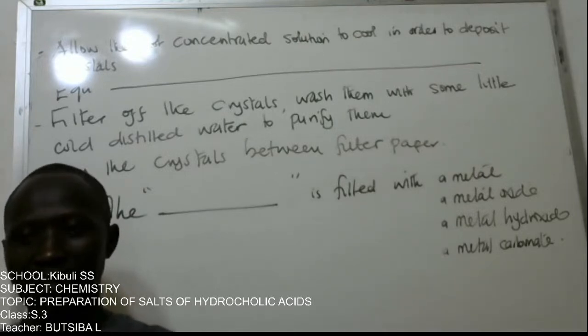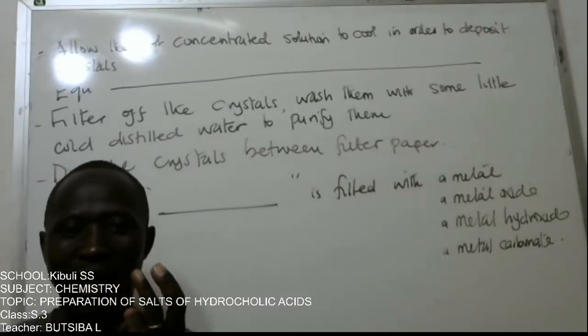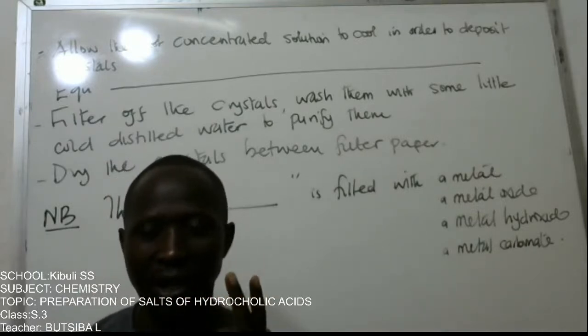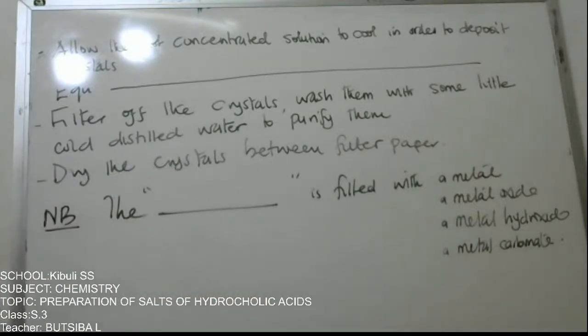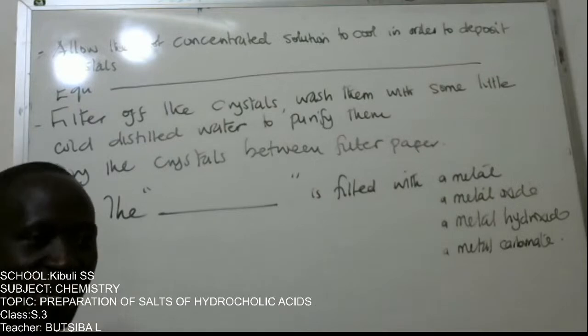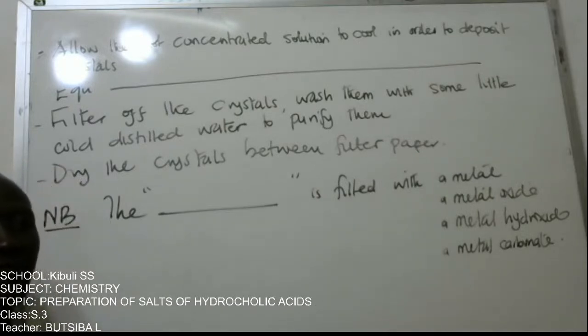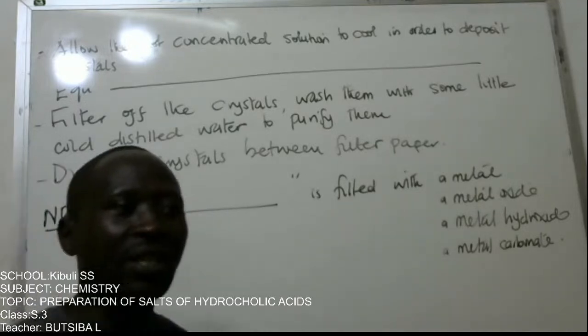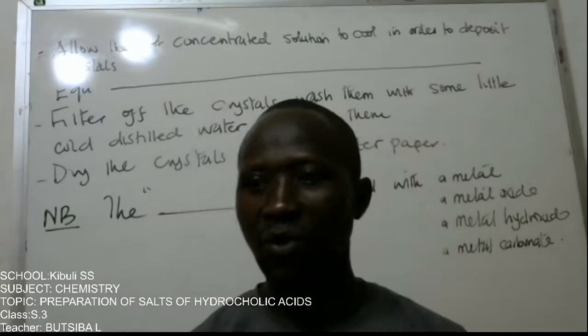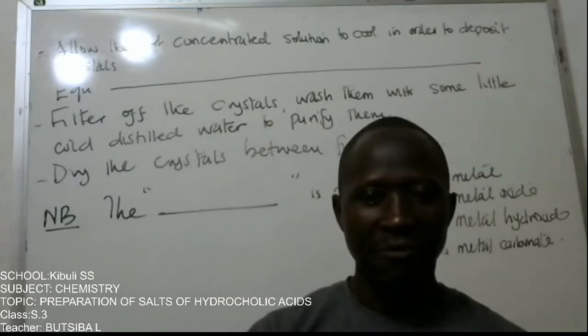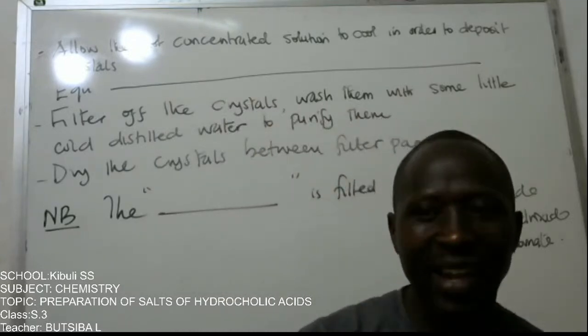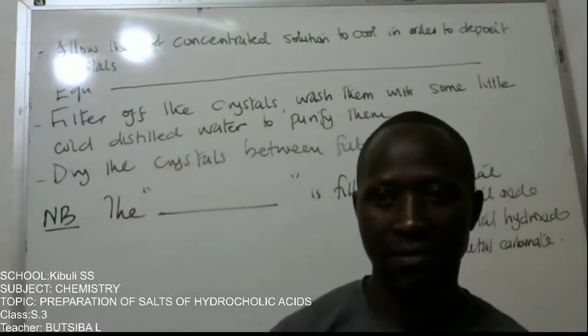My essay becomes: to warm dilute hydrochloric acid, add zinc little at a time while stirring until no more solid dissolves. Full stop. Filter off the excess zinc.